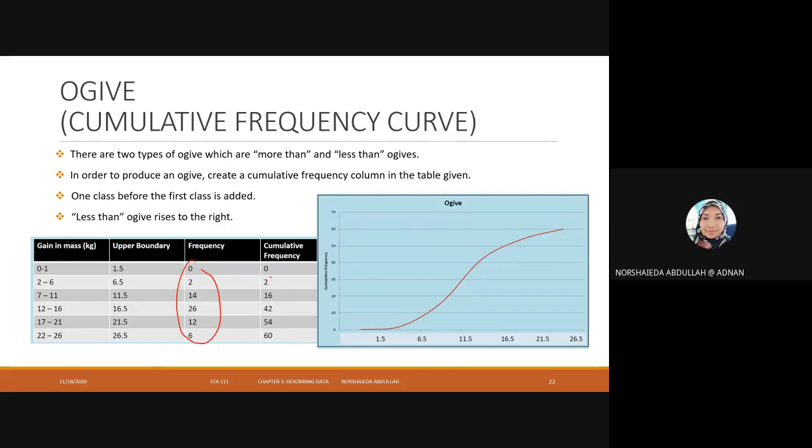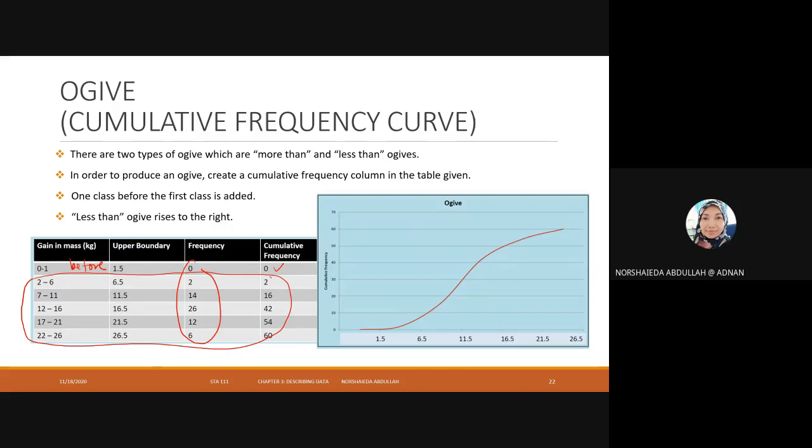Okay. So sebenarnya the data given yang ni saja. This is the class yang kita ada from the data given. But we start with the class before the first class yang ni. Class before the first class because we want to start the cumulative frequency with 0. Okay.